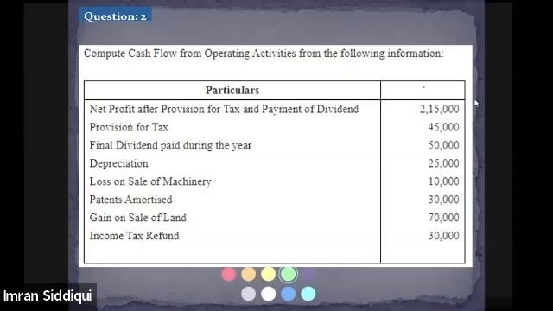After that, we consider the changes taking place in the working capital, like the current asset and current liability. And after subtracting or adding that, we will get the value of the cash generated from operation. And once we get the cash generated from operation, then only we'll be subtracting the amount of tax paid. And at that time, this information will be useful.